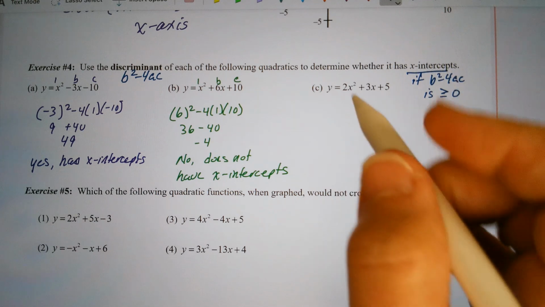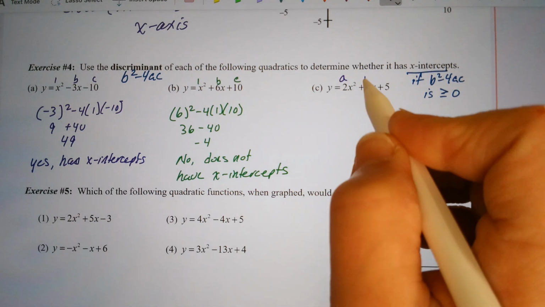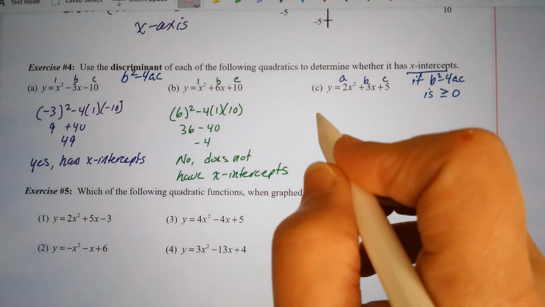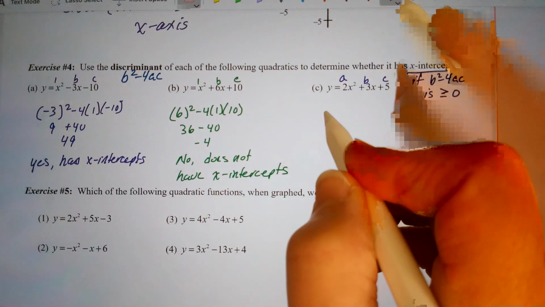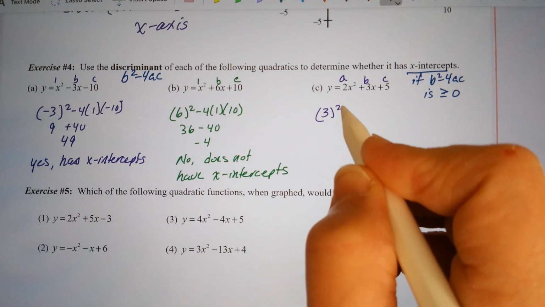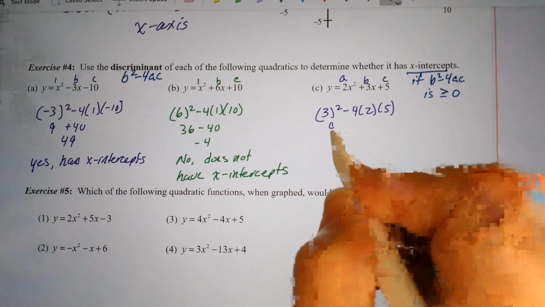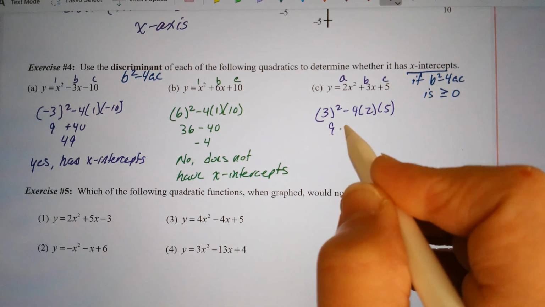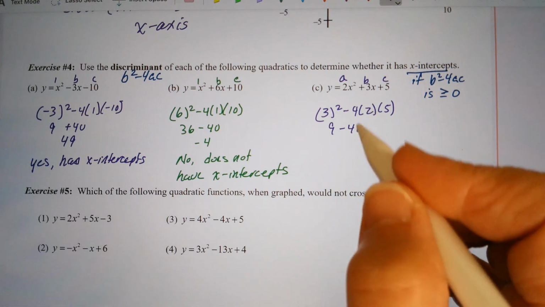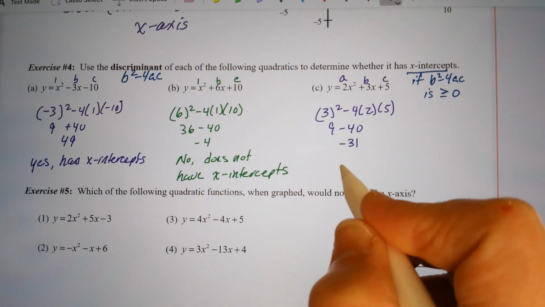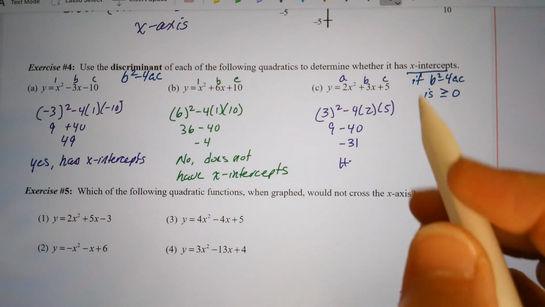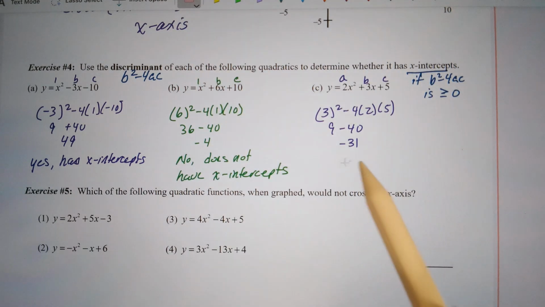And C, A is 2, B is 3, C is 5. 3 squared minus 4 times 2 times 5. That's 9 minus 40, which is negative 31. So this does not have x-intercepts.